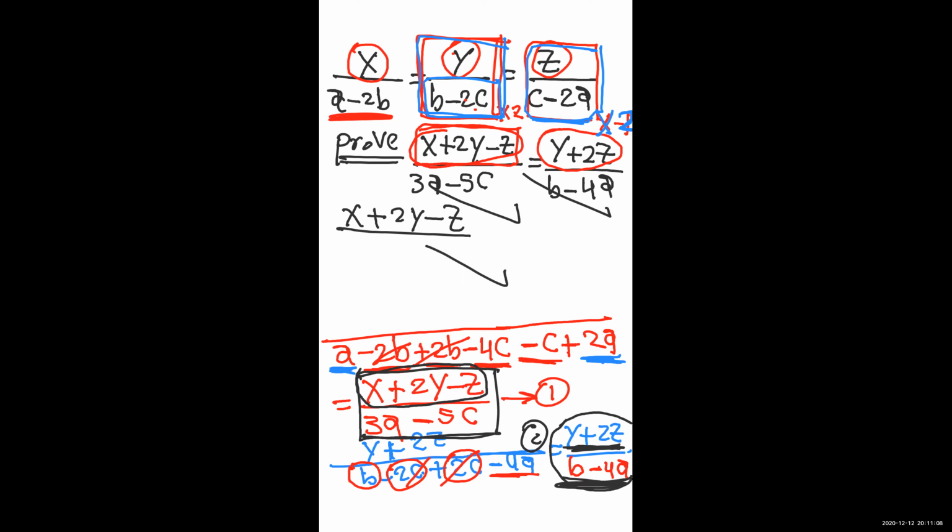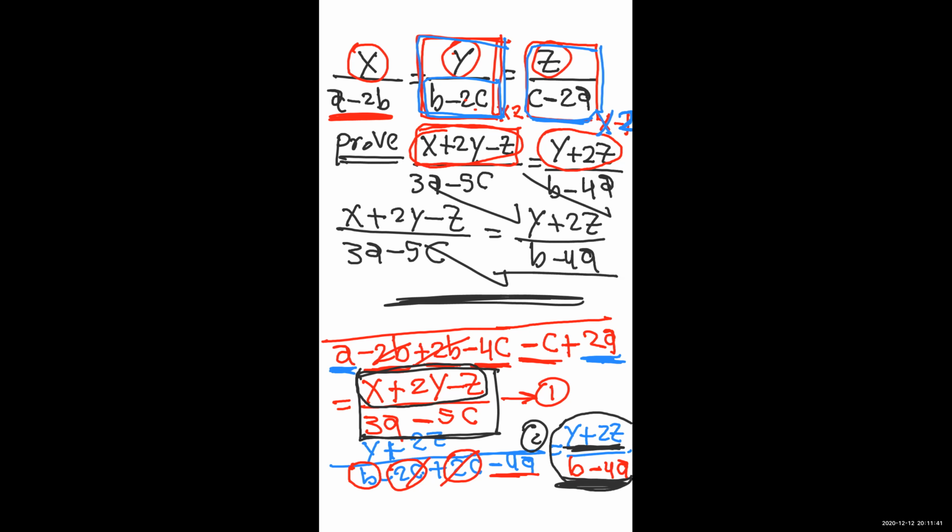So the two ratios are equal and the question is finished. I thought we have to get it in the form of the first antecedent over the second antecedent equal the first consequent over the second consequent. So the first one, x plus 2y minus z over 3a minus 5c, will equal y plus 2z over b minus 4a, which is already required in the question.